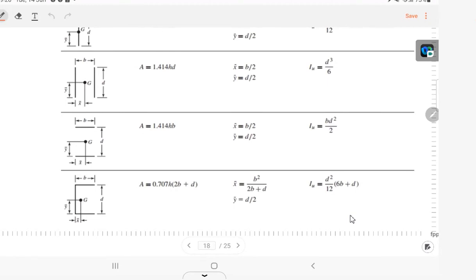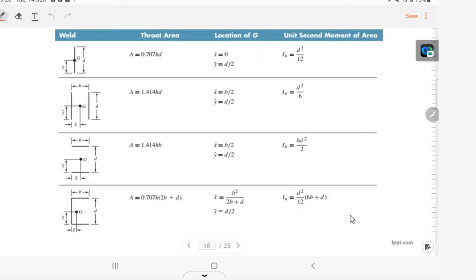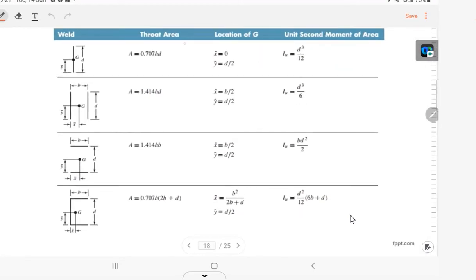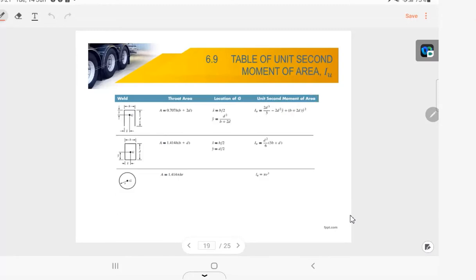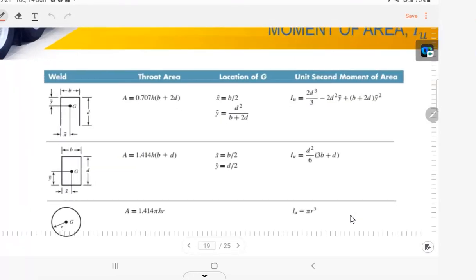This is the normal types of welding. So this strut area, okay, this location of centroids, and this is the second moment of area for this type, and also for the polar moment, second moment of area for polar.